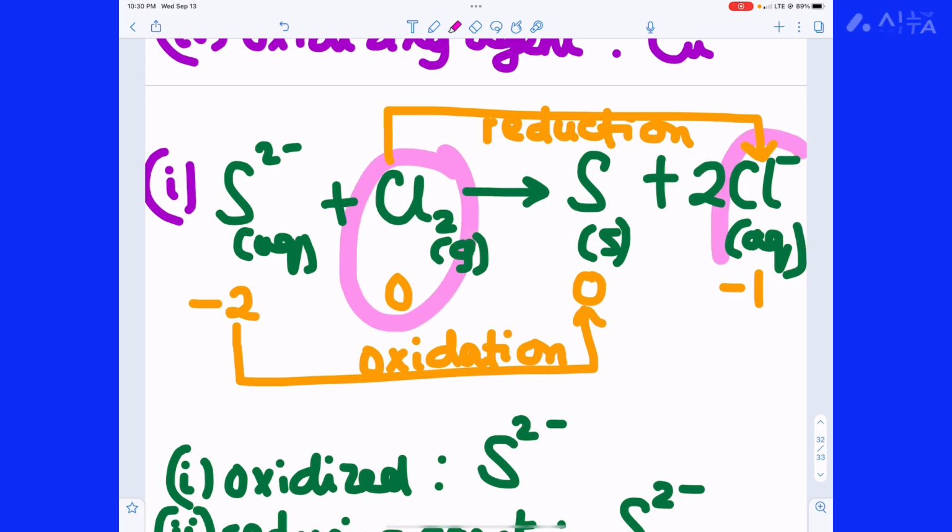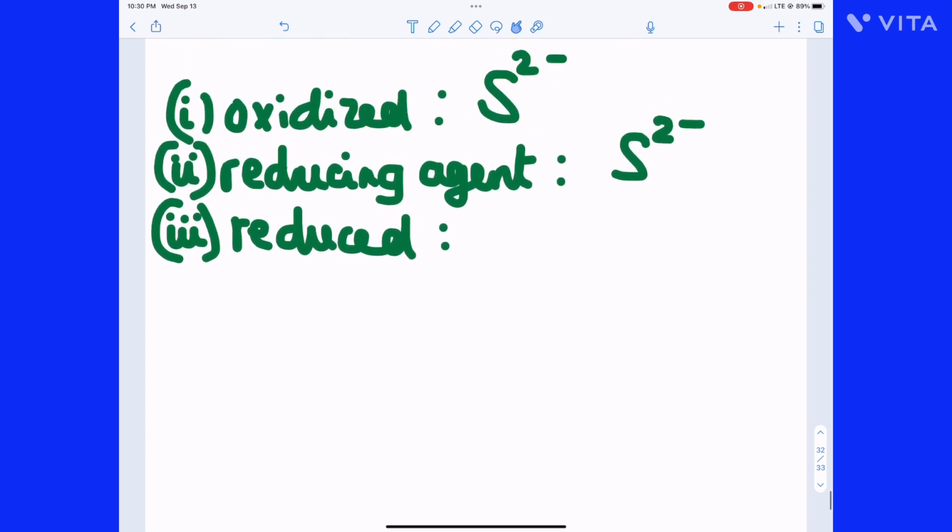Can you see that? The oxidation number of chlorine decreased from 0 here to -1 here. So that's a reduction. The substance reduced is Cl.